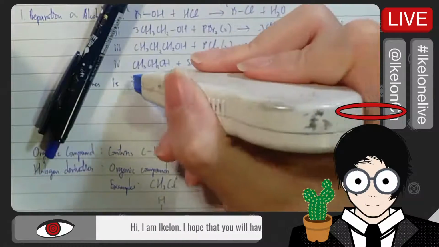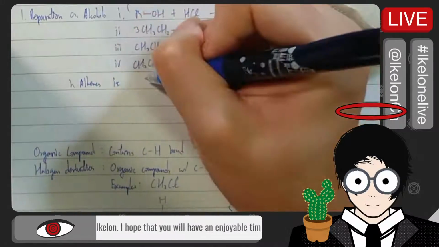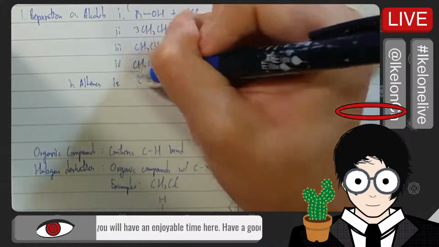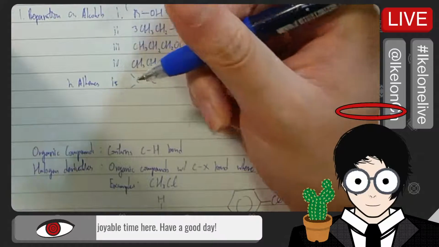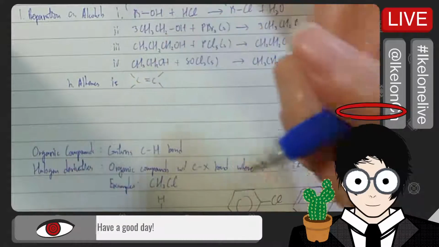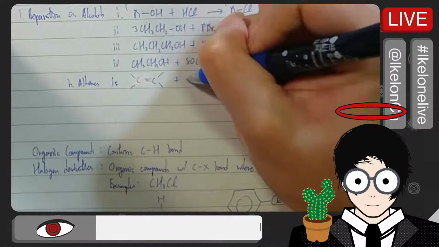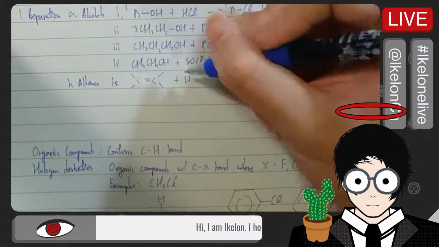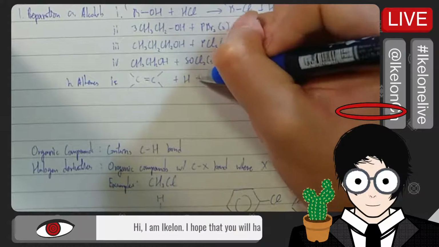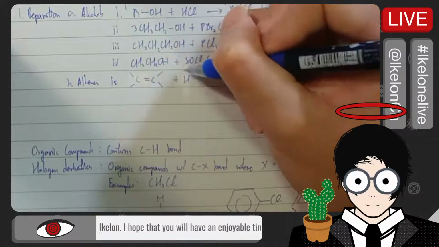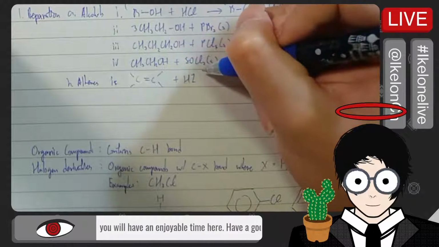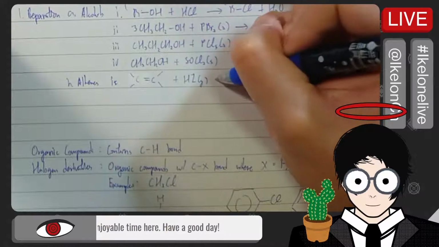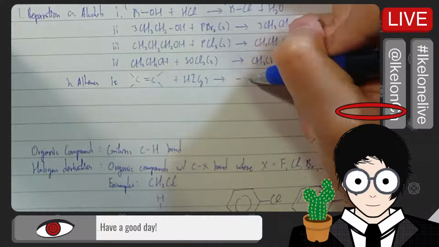Let me redraw that. Okay, so an alkene has a CC double bond, right? So there will be an H here, or H here, or whatever, it doesn't matter. And then use a hydrogen halide gas. We haven't used iodine, so let's use hydrogen iodide gas, and you get this.